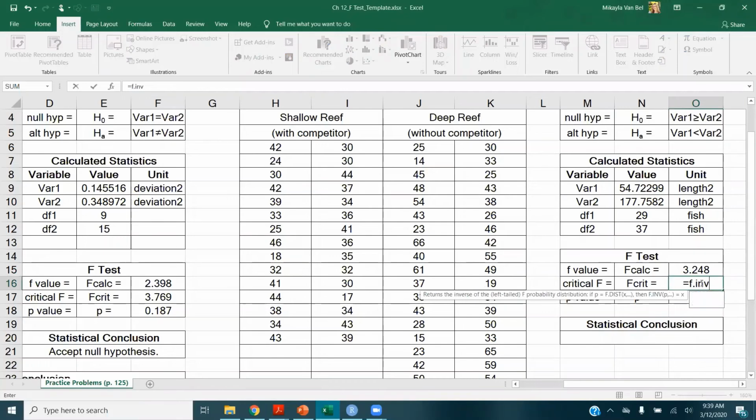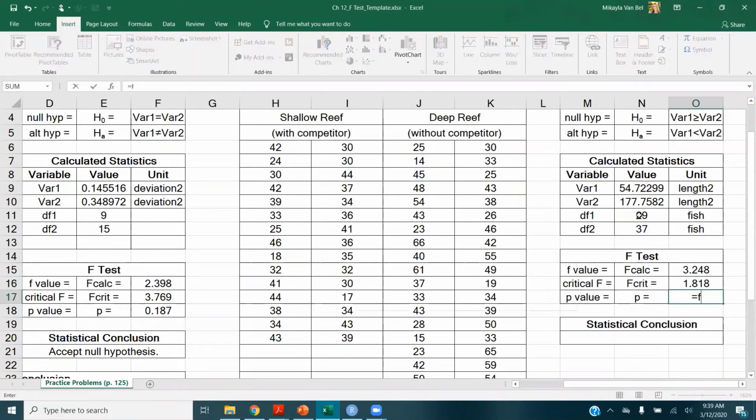So we'll use F.INV.RT. Our alpha is 0.05. We do not divide by 2 for a one-tailed test. For the degrees of freedom of the numerator, remember our second group was in the numerator. For the degrees of freedom of the denominator, our first group was in the denominator.